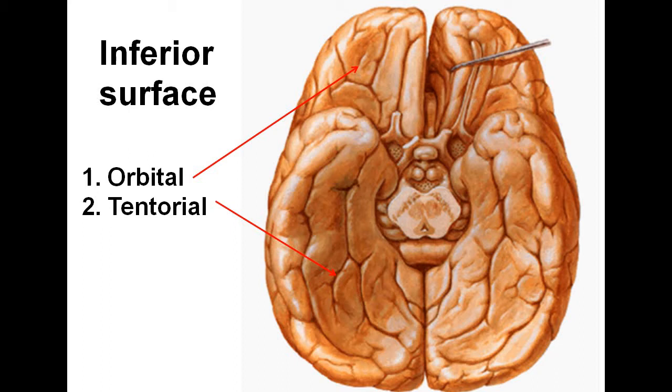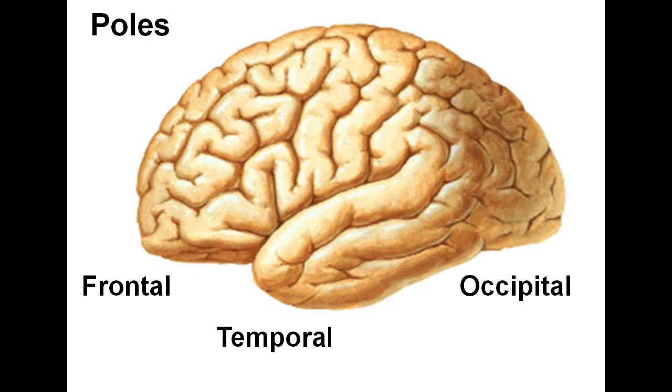So how many surfaces does it have? Three: superolateral surface, medial surface and inferior surface. The inferior surface is subdivided into orbital anteriorly and tentorial posteriorly.